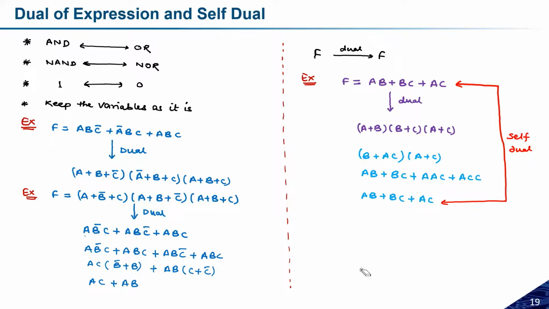Okay. So let us try to see how we can find the complement form. Complement form is really very important. Complement is simply, if you have a function f, something like a plus bc, then f complement is simply the complement of a plus bc. So this is the meaning of complement.